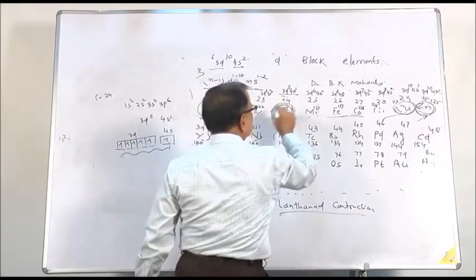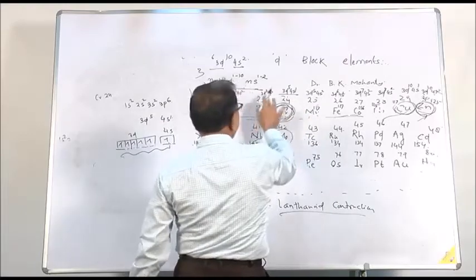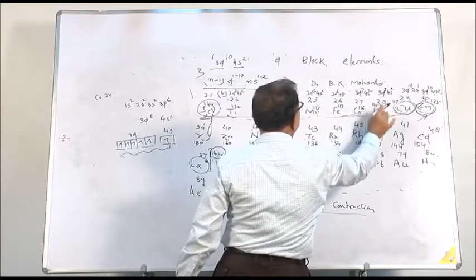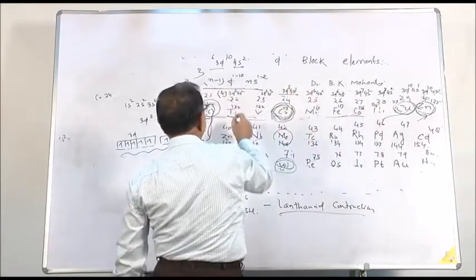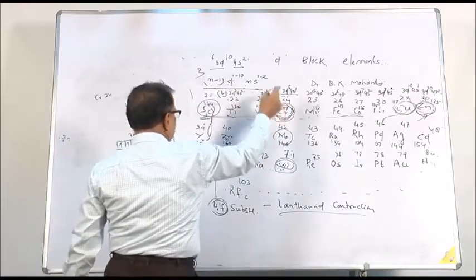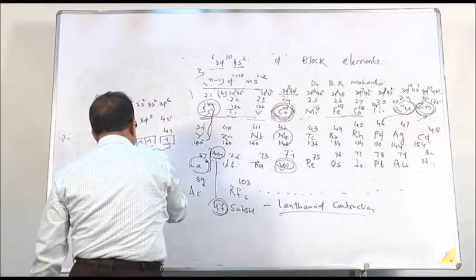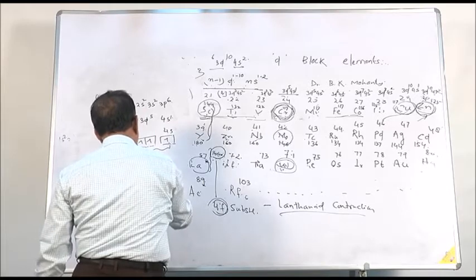The chromium group has the highest melting point. It contains 6 unpaired electrons.